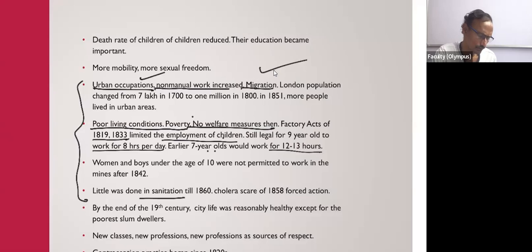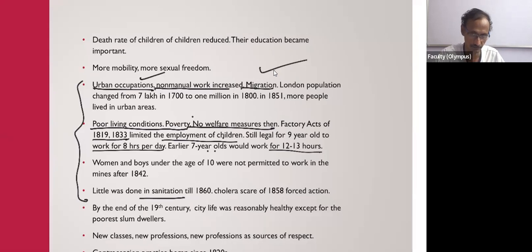But you may wonder why children were employed here. Children were employed because of their flexibility in the work. They could be employed for lower wages, and they were more flexible to work under certain conditions like mining.